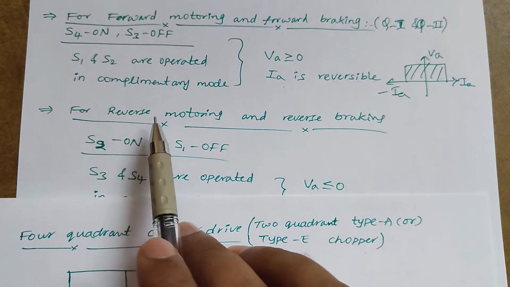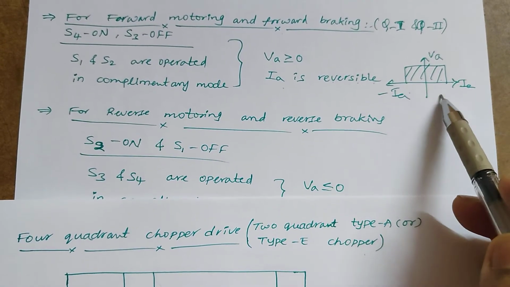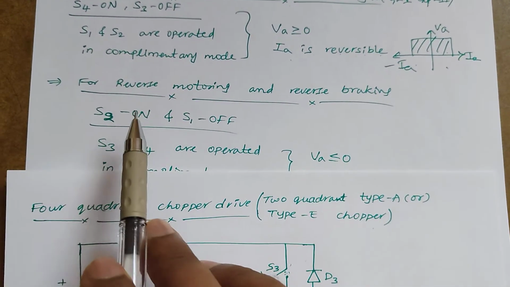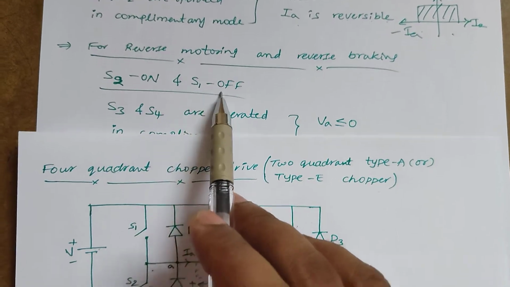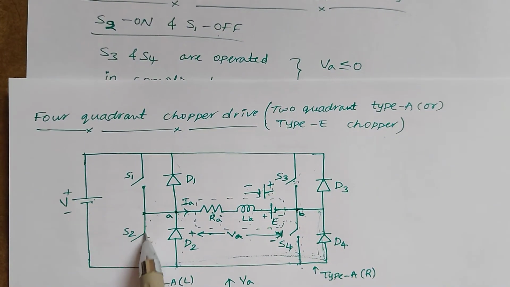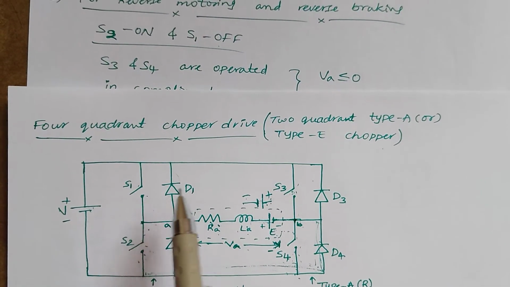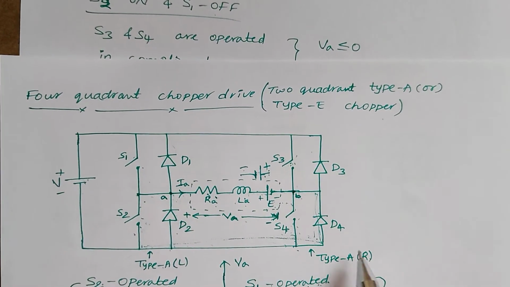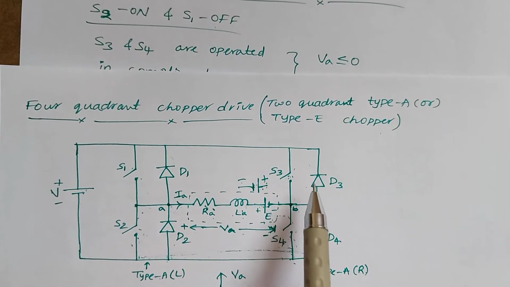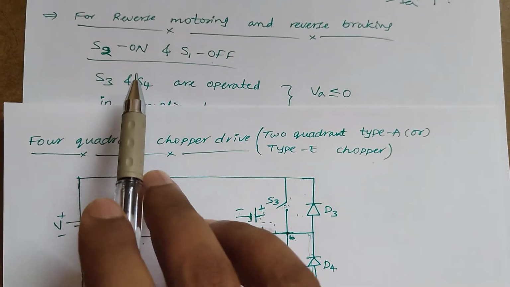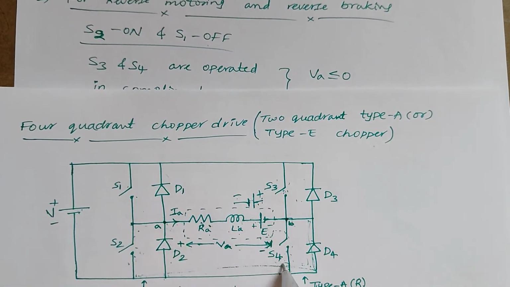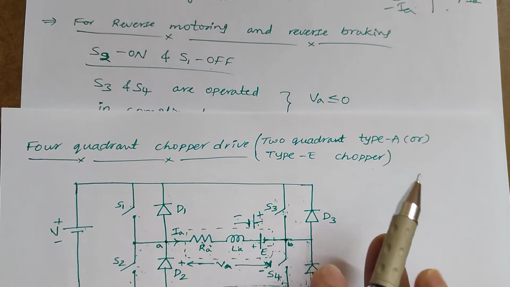Next, to get the reverse motoring operation and reverse braking operation, we need to turn on S2 and turn off S1. That makes the right side type A chopper active, again with two control switches, S3 and S4, operated.